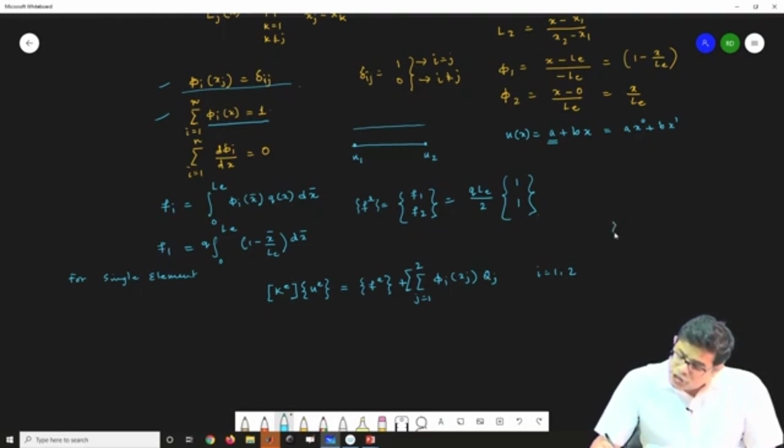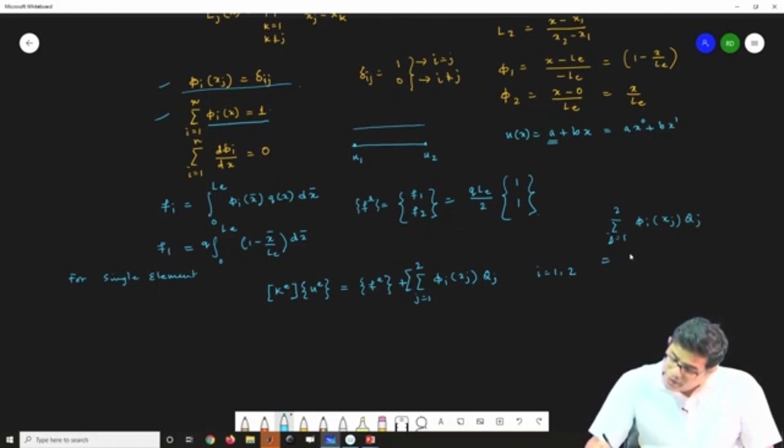node, that is the summation over j equals 1 to 2 of phi I of xj qj. Now if I expand it, let us say I equals 1, then phi 1 of x1 qj plus phi 1 of x2 into q2.